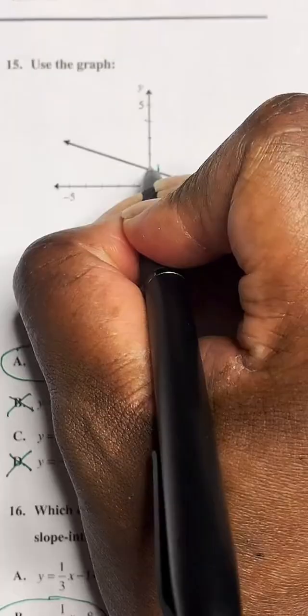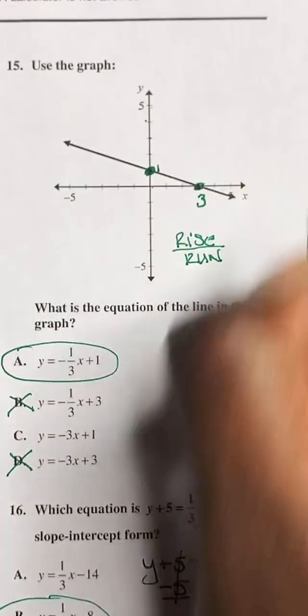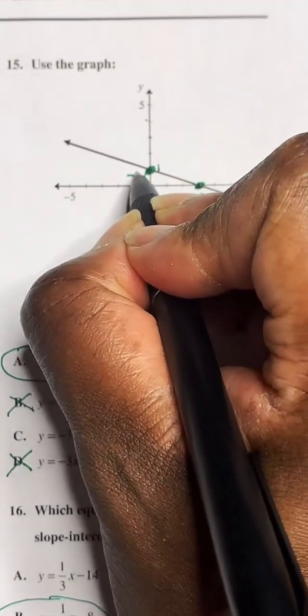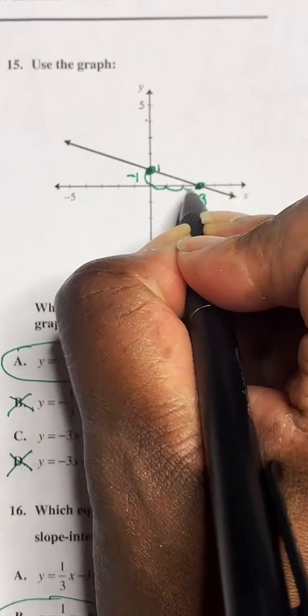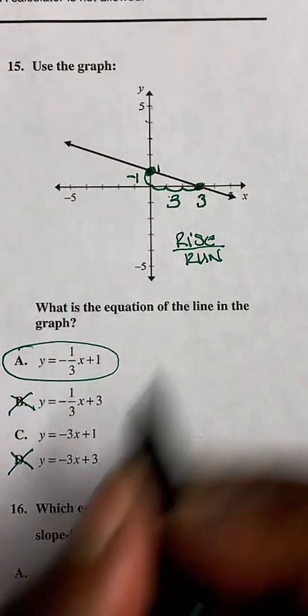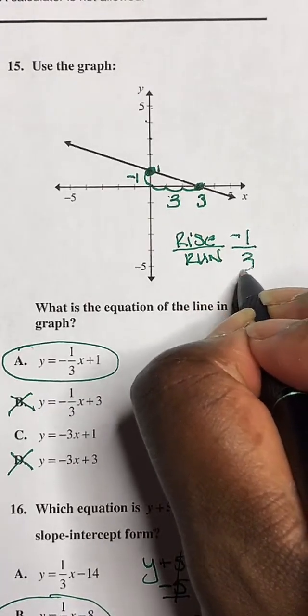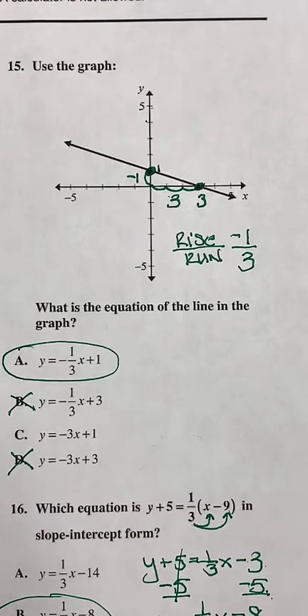So you're going from one point on the graph to another point on the graph. So I'm going to go down 1, so that's -1 over 1, 2, 3. So that's a positive 3. So my rise was -1 and my run was 3. That's why we have that -1/3. Okay, you're getting it? Awesome.